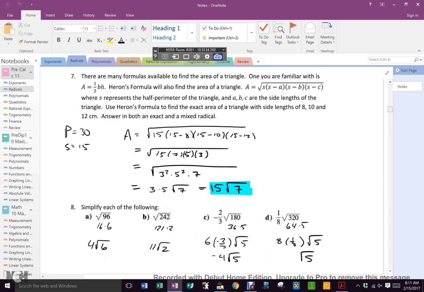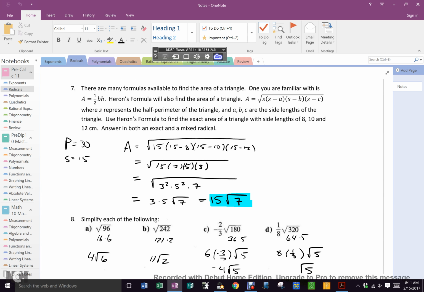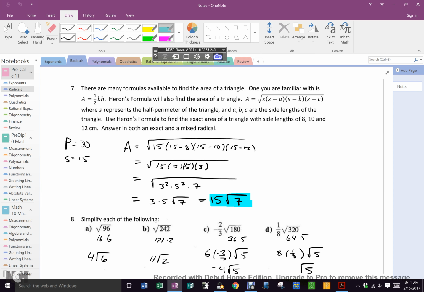32. Where are you? 32. There you are. Sure. There we go. There is the first one. I will highlight in blue. That is how you do it.